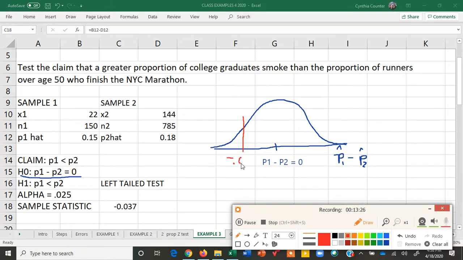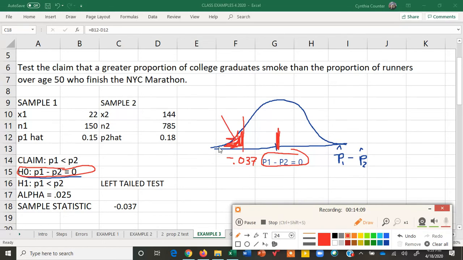So if the sample statistic is to the left of your assumed mean or assumed value, coming from the null hypothesis, then we will do a left-tailed test, and we're basically claiming that our sample statistic is less than the assumed value of 0 from the null hypothesis. So we have a left-tailed test, and so we need to find the p-value here.